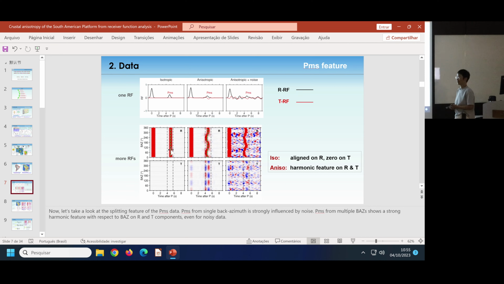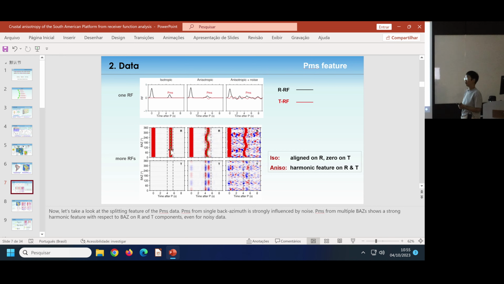One other point is that in the sedimentary basins, you should also expect anisotropy because of the layering. But this will be radial anisotropy. No, I didn't consider anisotropy in the sediments, only in the crystalline crust.